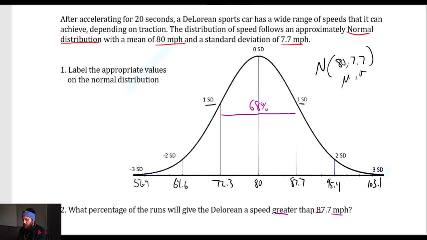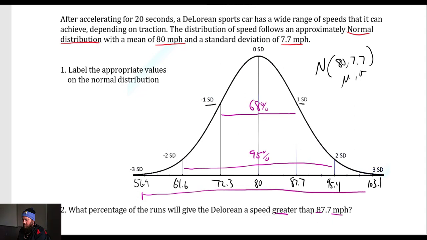So go for 2 standard deviations. If we go from minus 2 standard deviations to positive 2 standard deviations, that accounts for 95% of the data. And then if we go all the way from negative 3 standard deviations to positive 3 standard deviations, that accounts for 99.7%.